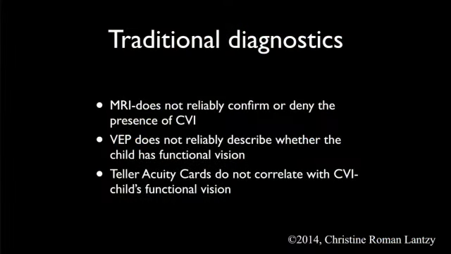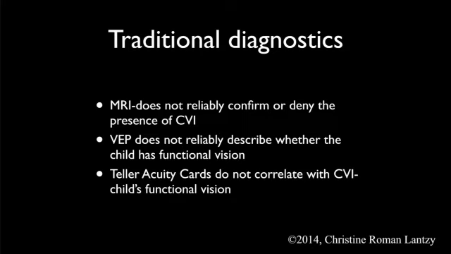Another test that many children are offered is the visually evoked potential, or VEP. This is often suggested by a neuro-ophthalmologist or an ophthalmologist. It's used to recognize whether the impulses that go from the eye through the optic nerve reach the occipital cortex.